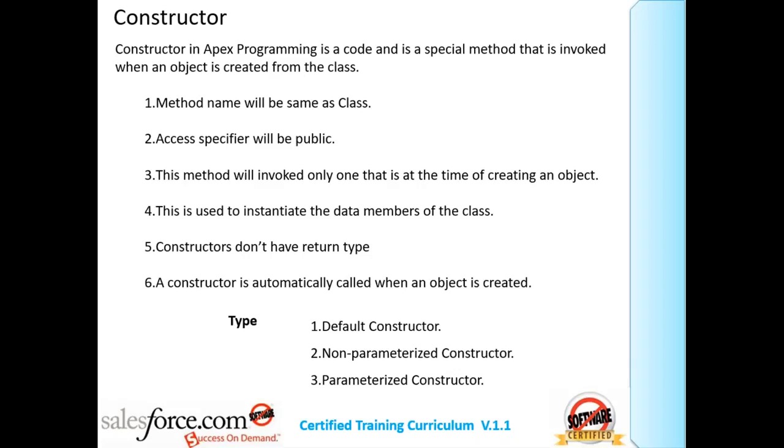Next, write down the properties of constructors. Number 1: method name is the same as the class name. In constructors, the method name is the same as the class name.